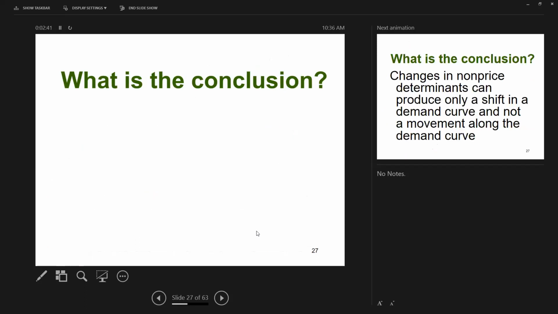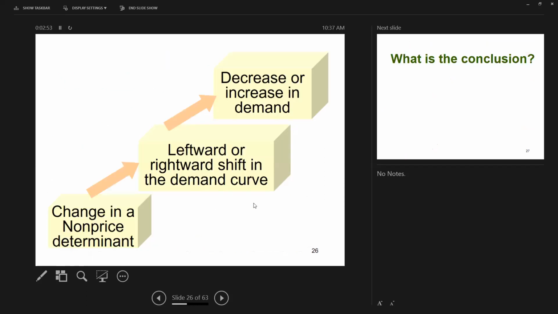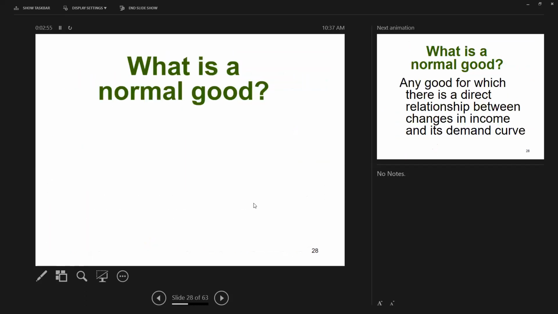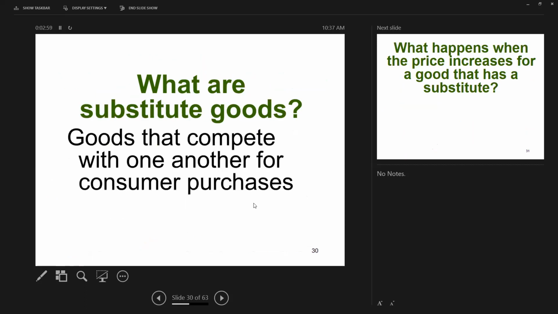The final thing we have here, it's missing on the slide, and that is the price of related goods, okay? And there are substitutes and complements. And I'm going to go ahead a couple slides here to go over that. So a substitute, these are goods that compete with one another for consumer purchases.